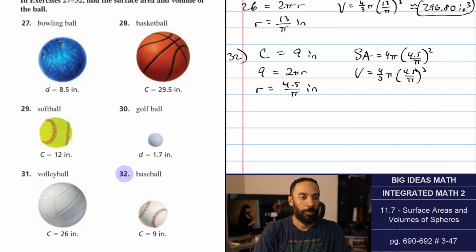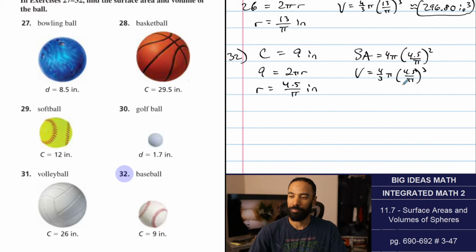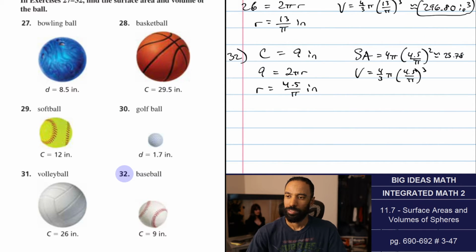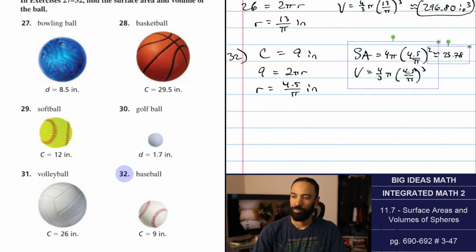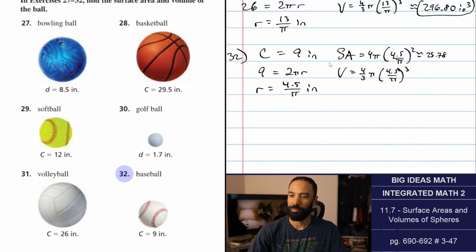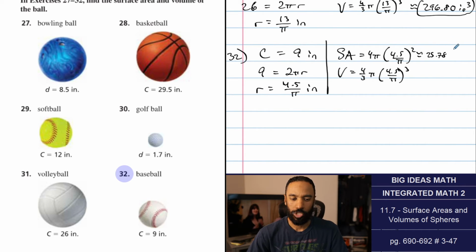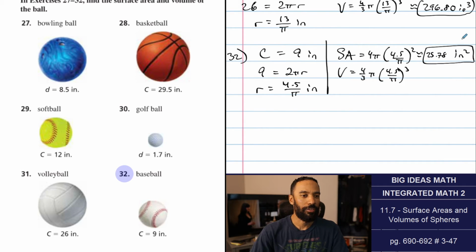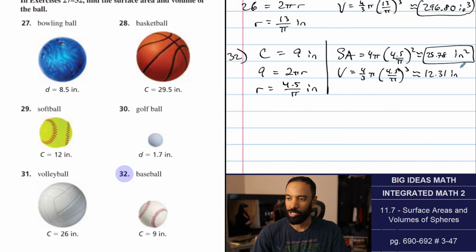Okay, so 4.5 over pi gives us surface area rounded to 25.78 square inches, and a volume of 12.31 cubic inches. I'm running out of room.